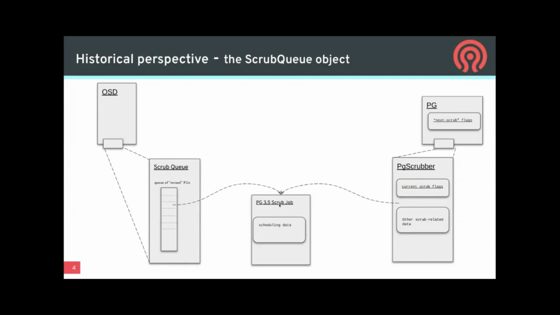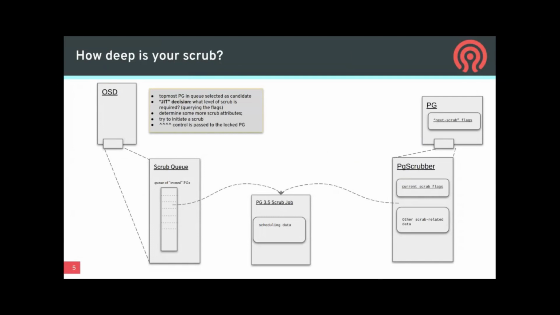The scrub job holds the data required by the scrub queue in order to schedule, order, and initiate, or ask a PG to initiate, a scrub for a specific PG. So this is basically the situation, the main points of the existing implementation. A few points to note.